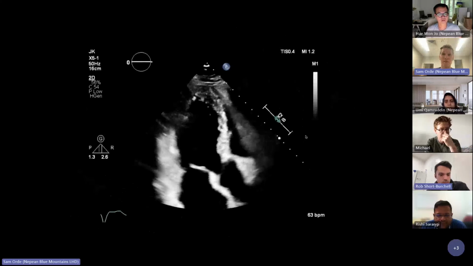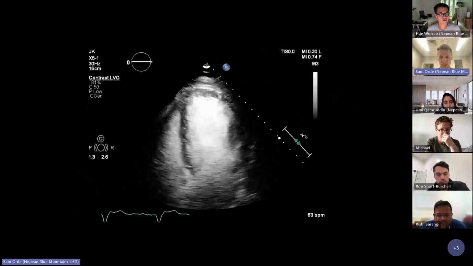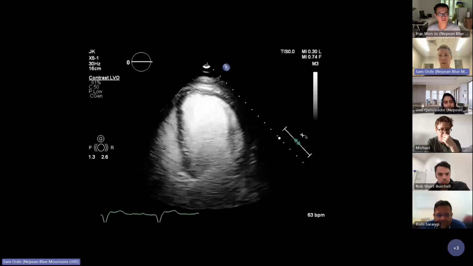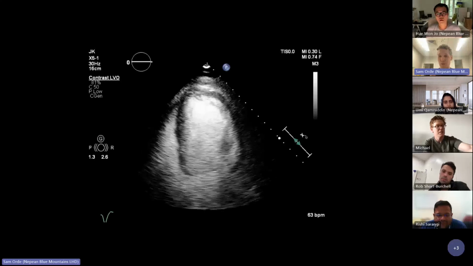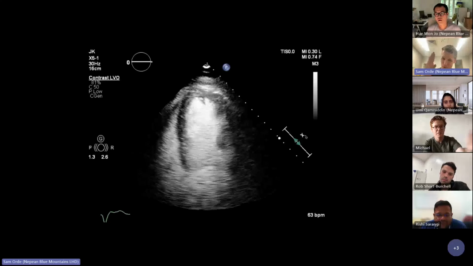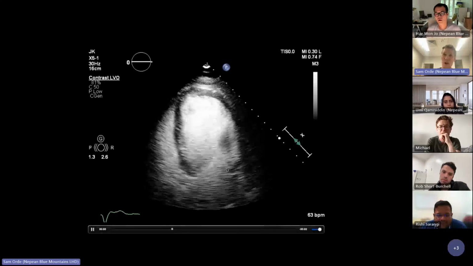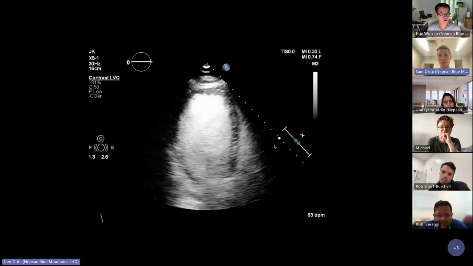The thing that I love doing is contrast. Contrast just lights up the inside of the heart like a Christmas tree, and it helps you see that endocardial border just beautifully. That endocardial border ignores the trabeculations. It's where the contrast goes right to the edge. And this is where we should be measuring when we do our ejection fraction, both in the 4 and the 2 chamber.